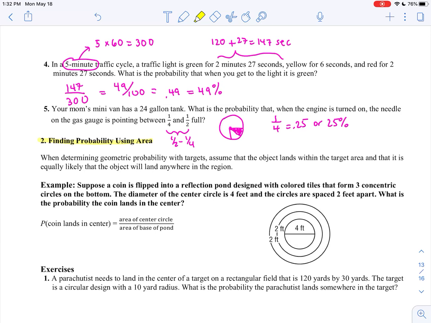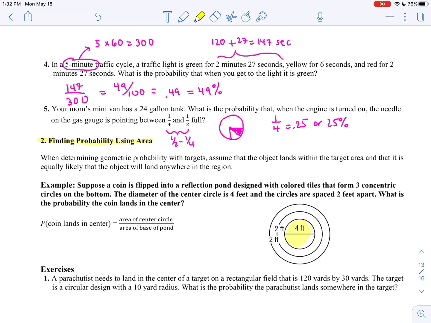In the example below, suppose a coin is flipped into a reflection pond designed with colored tiles that form 3 concentric circles on the bottom. The diameter of the center circle is 4, and the circles are spaced 2 feet apart. What is the probability the coin lands in the center?